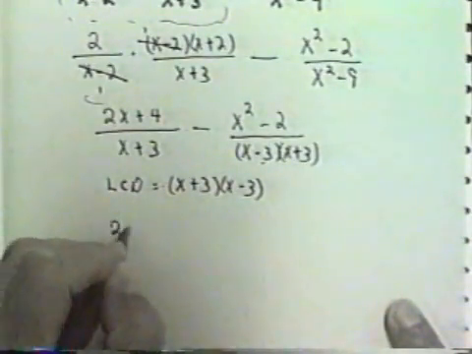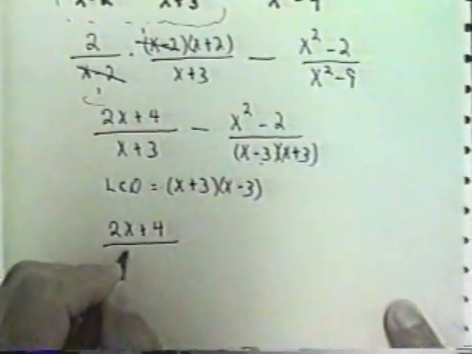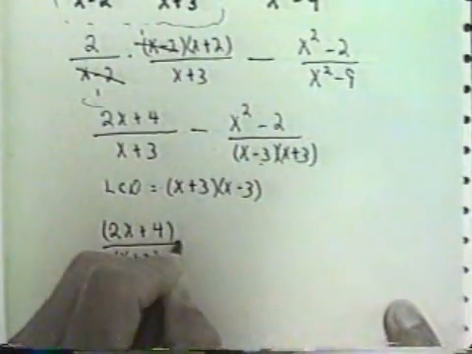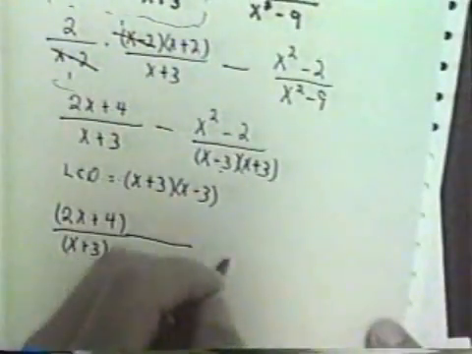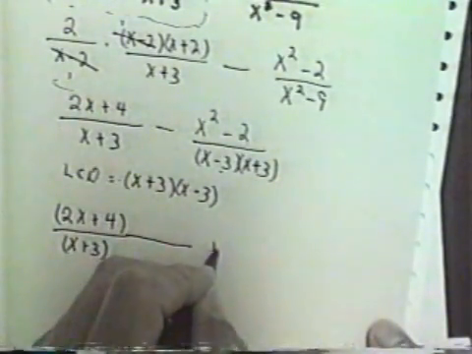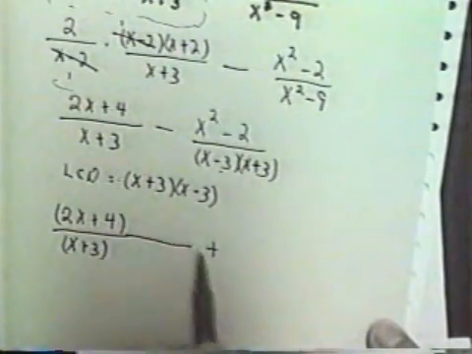Rewrite everything and just leave space to multiply as needed. So it'll be 2x plus 4 over x plus 3. I'm leaving space. Plus now, I'm going to change my subtraction to adding the opposite.